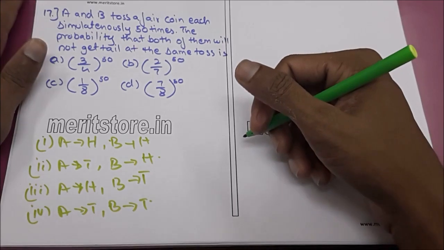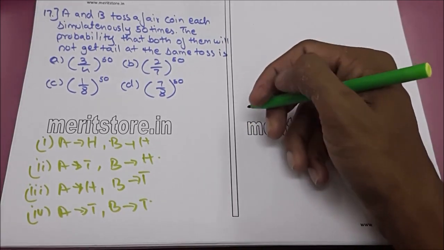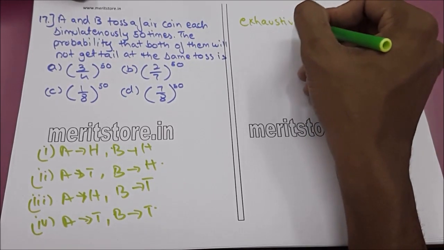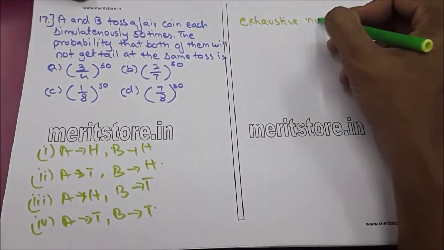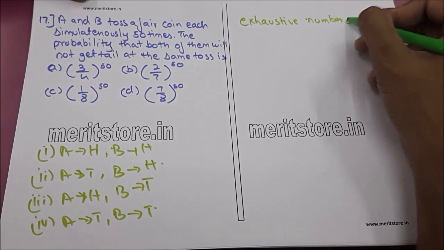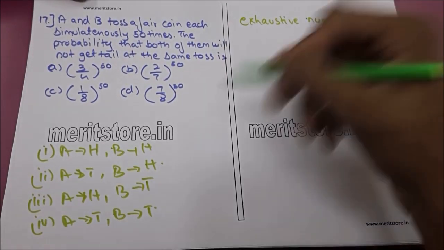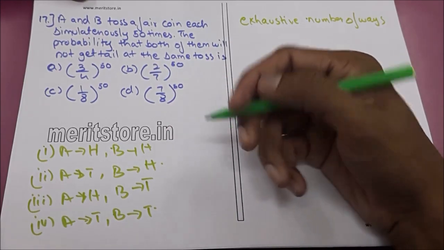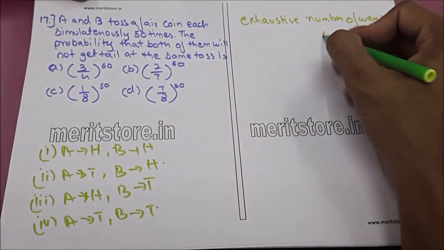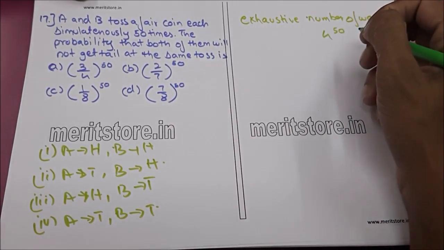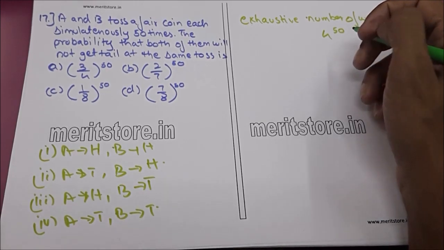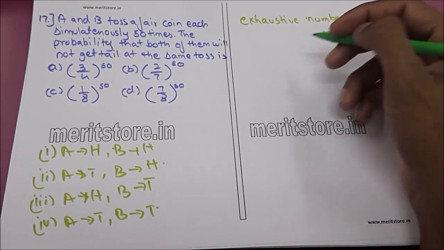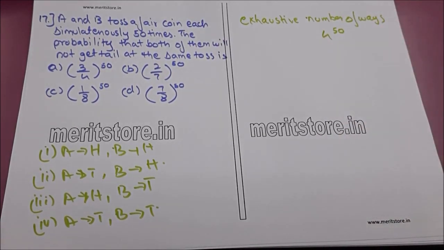So the exhaustive number of ways of all four choices can be written as 4 raised to 50. Out of the four choices listed above, the fourth is not favorable to the required event.